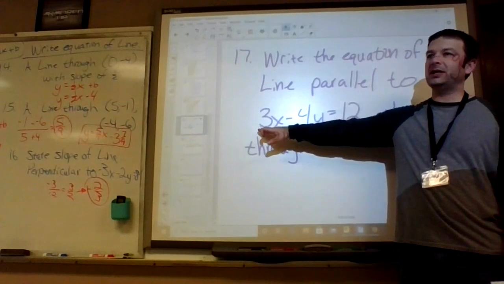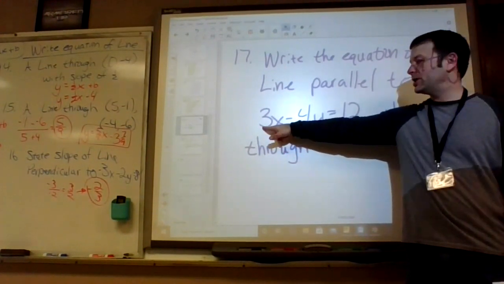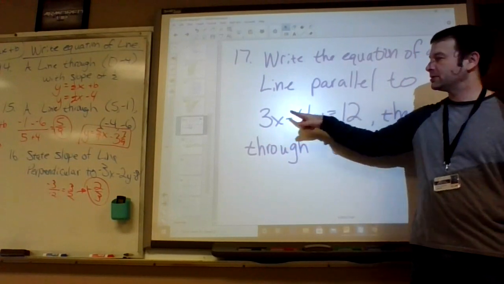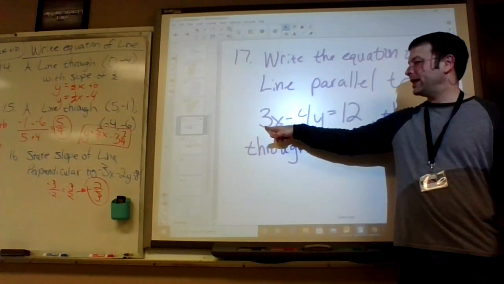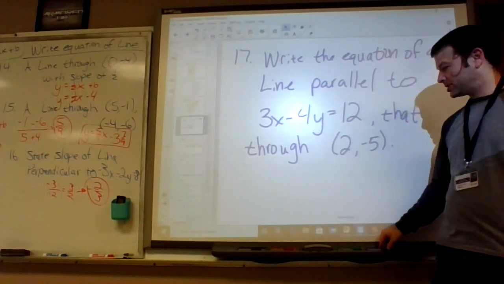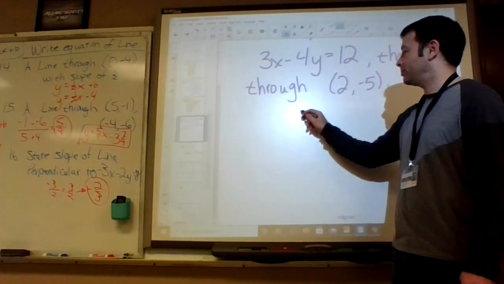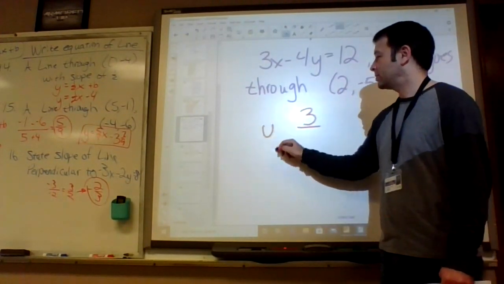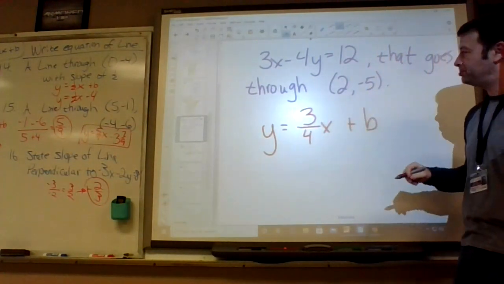What do we know about parallel line slopes? They're the same. What is the slope of this line? -3 over -4 or 3/4. So what slope are we going to use? 3/4, because we're making a parallel line. So it's y equals 3/4 x plus b. How do I find the b?